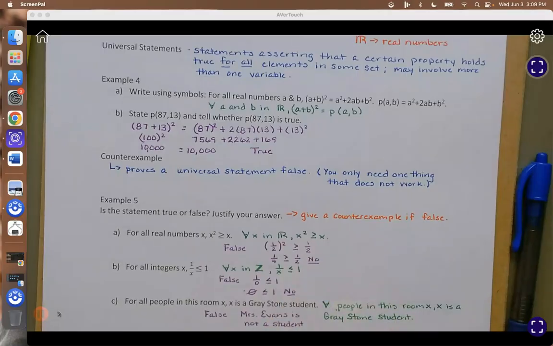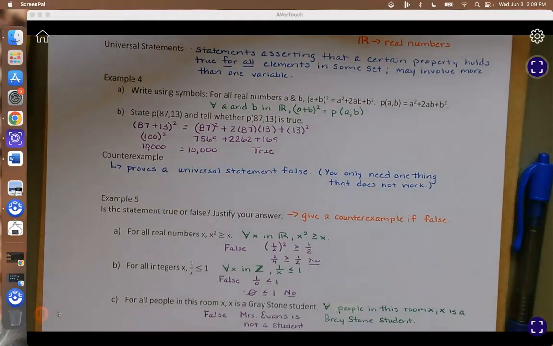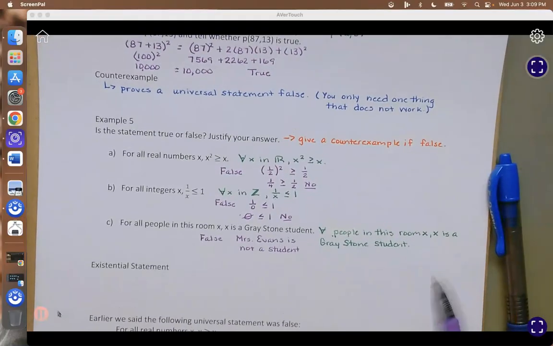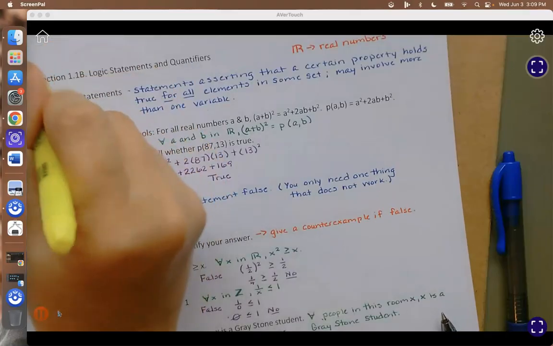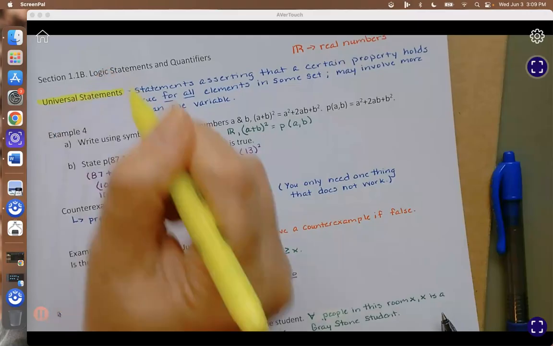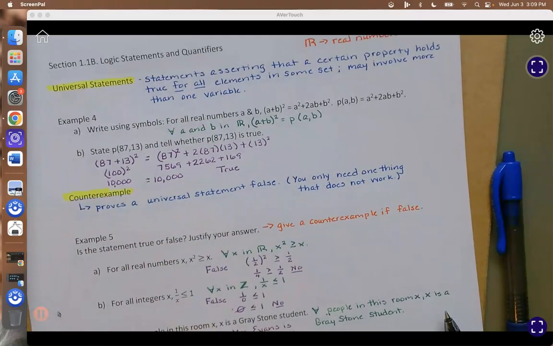Now, so we've talked about universal statements where you say for all. So universal statements say for all. Existential statements, and if you have your highlighter, you can highlight the terminology we're learning today. So universal statements, counterexample, existential statement. Okay?